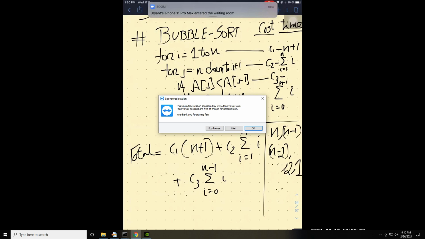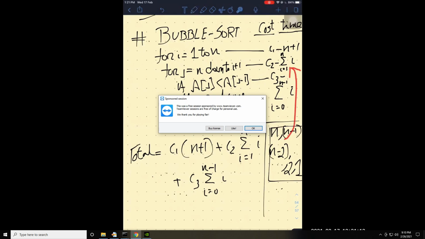Is it clear how we are getting this series? Yes, thank you. So we are representing this series as the summation for i equals 1 to n of i. Do you see how we are getting that?